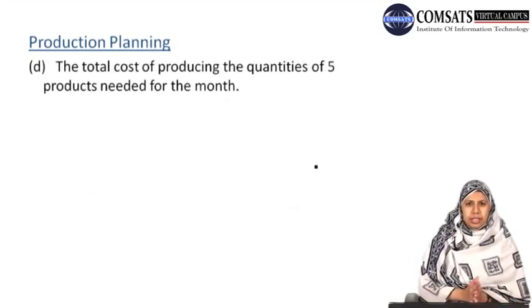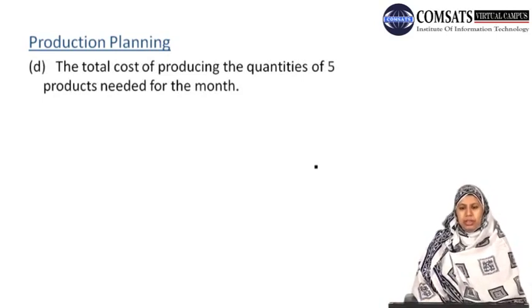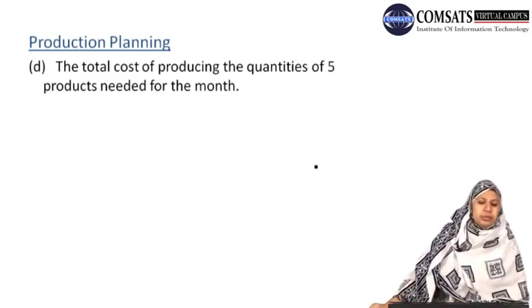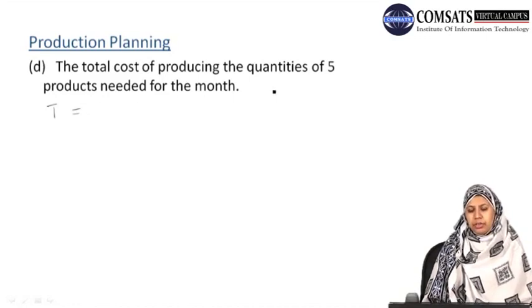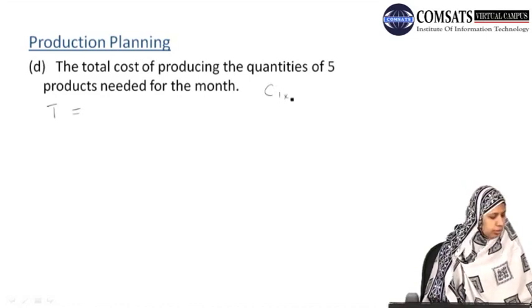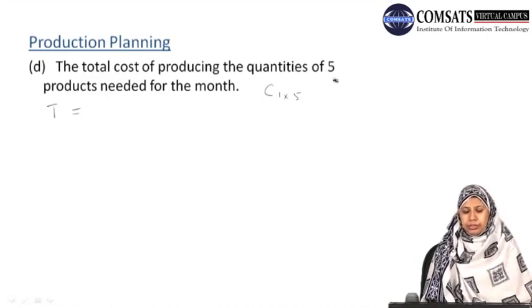The last thing which the company is interested in knowing is the total cost of producing the quantities of 5 products needed for the next month. So if T represents our matrix of total cost, then the total cost can be obtained. We had the data of a cost matrix, which was of order 1 by 5, that is a matrix of 1 row and 5 columns, where each column represents the cost for each part from the resource.